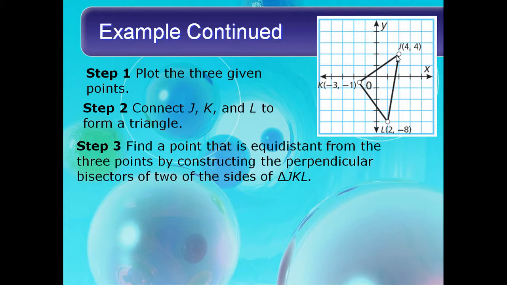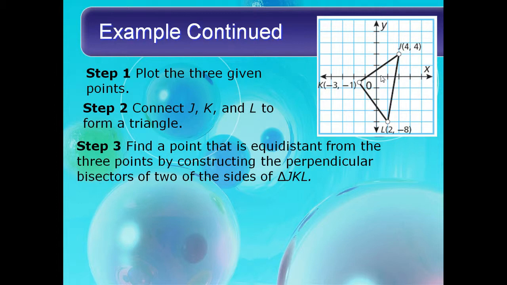So we look for the perpendicular bisectors, which means that they bisect each side and are perpendicular to that side. So we would have to find the one that was parallel to this side to be perpendicular and to this one to be perpendicular.